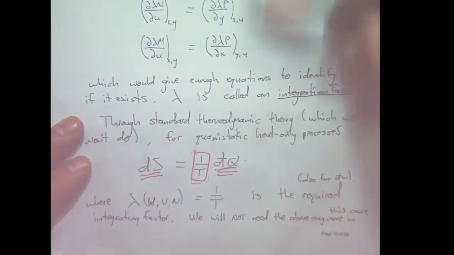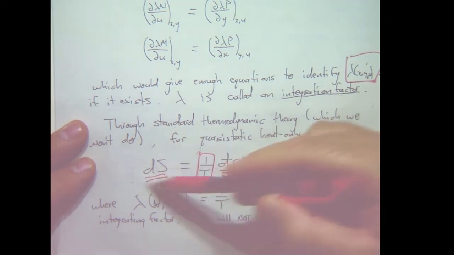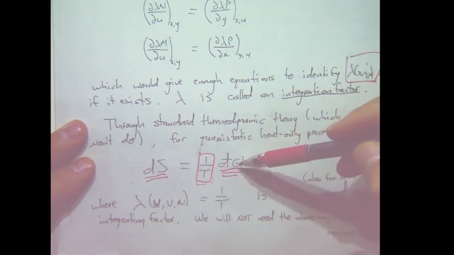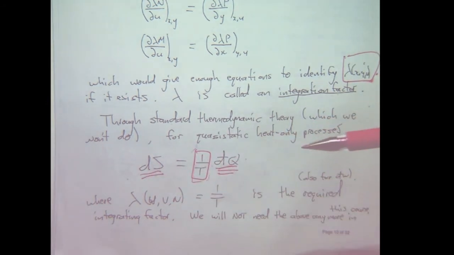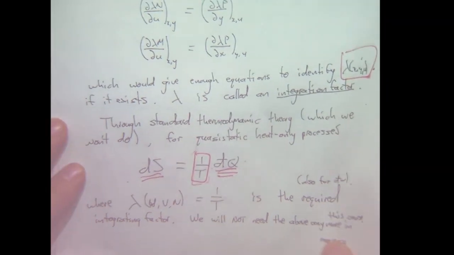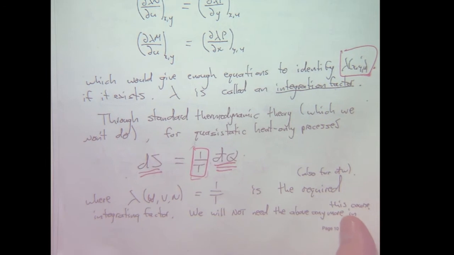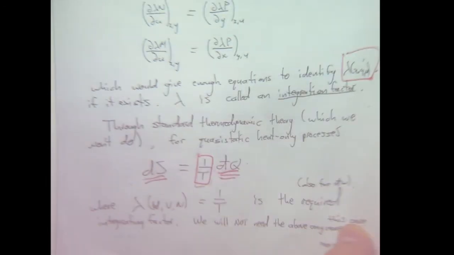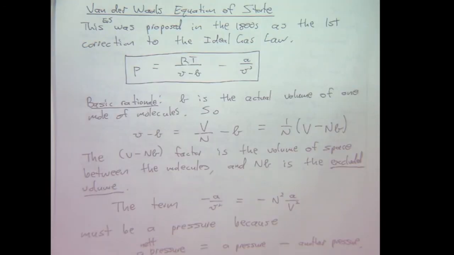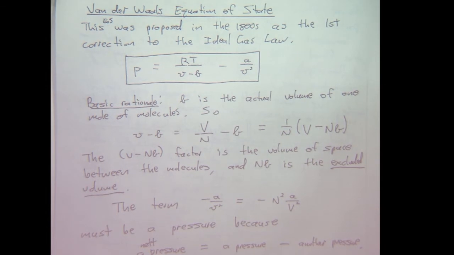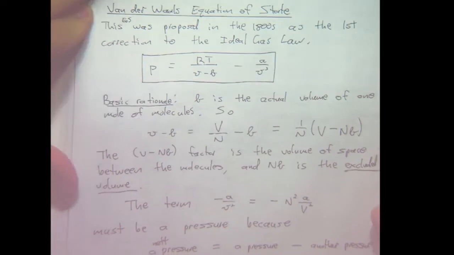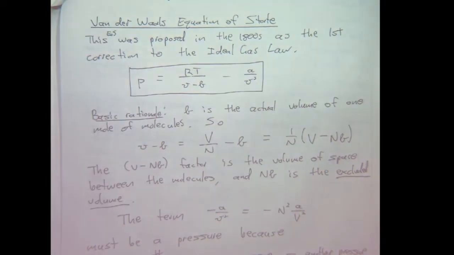But I just want to tell you that this is why dS equals 1 over T dQ from a mathematical point of view. So that's where absolute temperature comes from from the axiomatic thermodynamics point of view. Not Carathéodory's derivation, which is what I told you in lecture 1, the one with the surfaces. This is the axiomatic view. All right. So that's that.